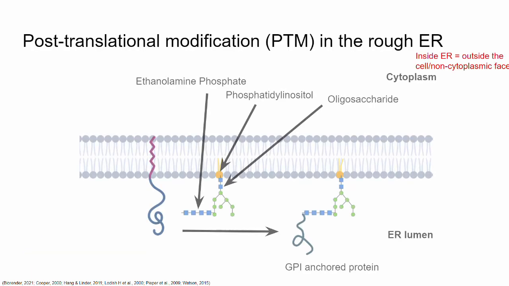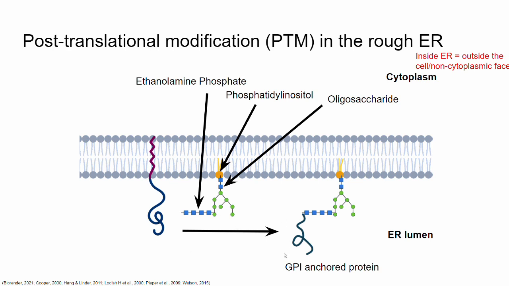So another possible modification could take place in the rough endoplasmic reticulum. In this case, if you look here, we have this protein that was completely translated in the endoplasmic reticulum. And then we have these different molecules, or compounds: ethanolamine, phosphate, and then phosphatidyl inositol, then an oligosaccharide.